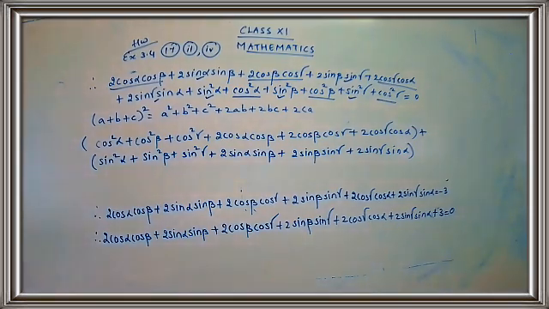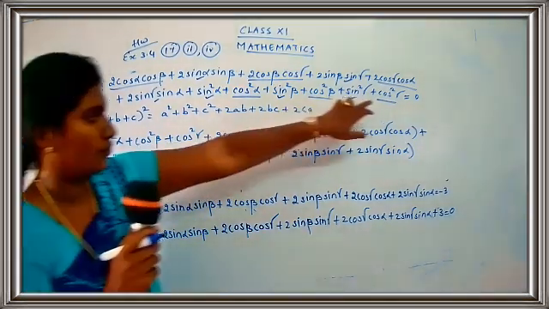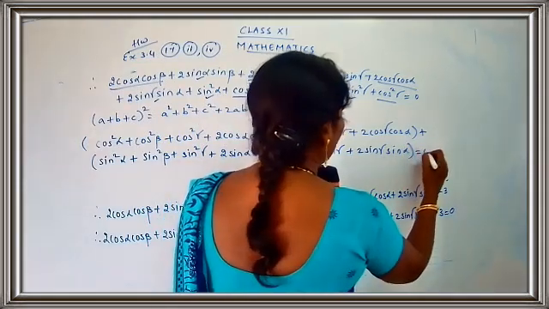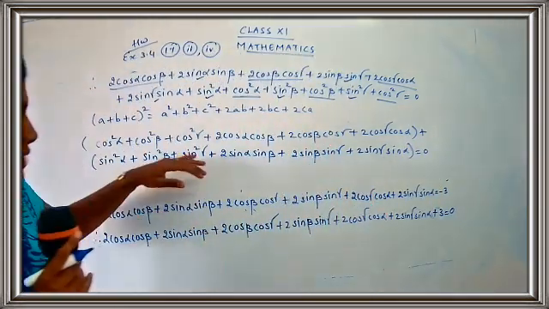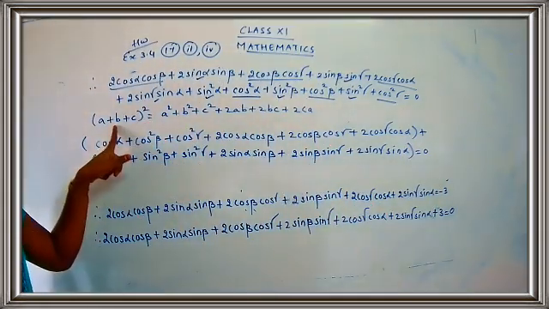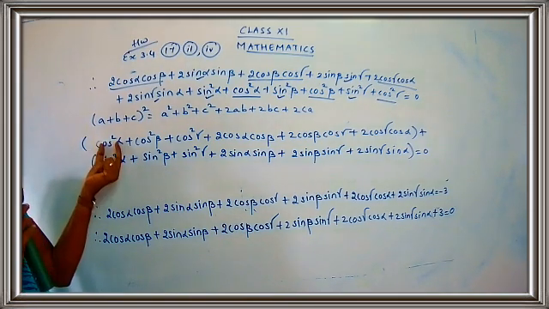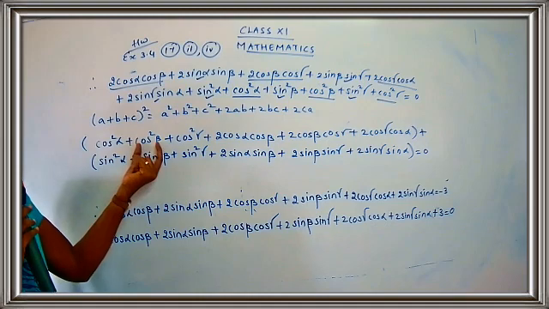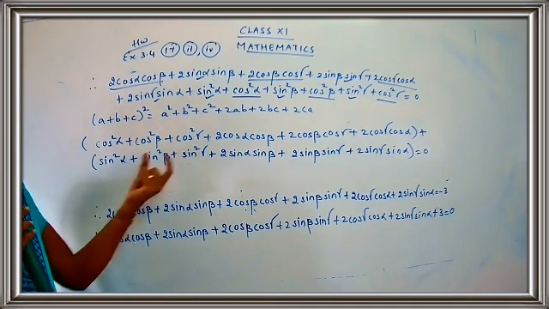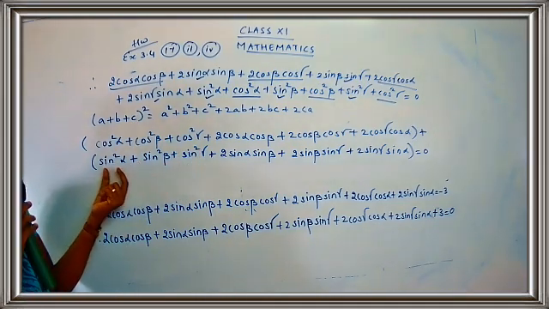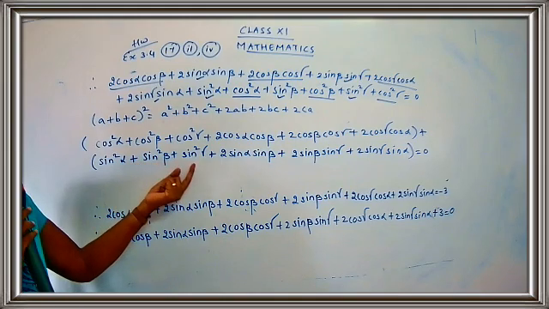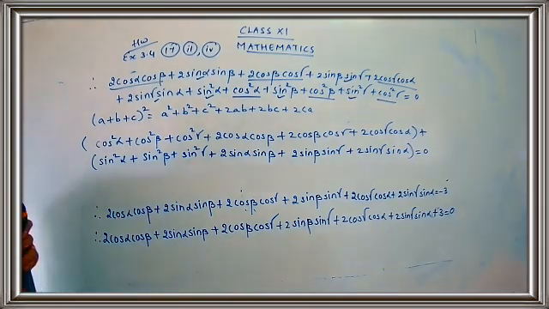We have one more thing to write down there, equal to 0. So just mention here equal to 0. Okay, done. So now I'm just going to replace this by using the identity A plus B plus C the whole square. So what is A here? A is cos alpha, B is cos beta, and C is cos gamma. Same way for this one, A is sin alpha, B is sin beta, and C is sin gamma. So let's write down.